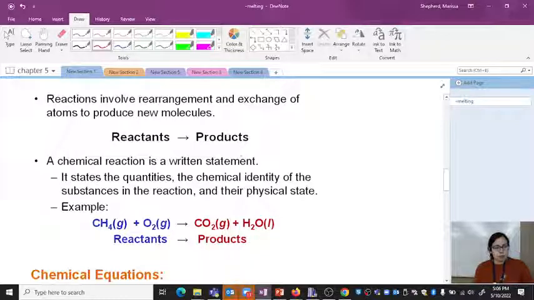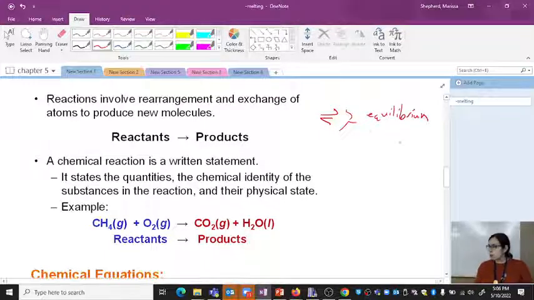You could have other arrows. If you have something like this, it indicates equilibrium, so your reaction would not be going to completion. But for most of our scenarios, we're just looking at the simple product arrow.